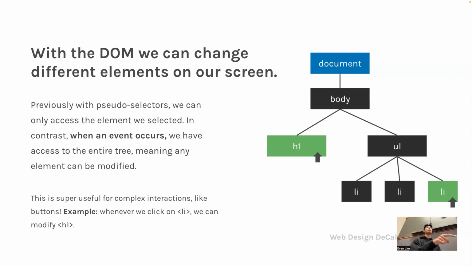Let's say you want to click a button to change something else. You could not do that previously with CSS. But because JavaScript has access to everything within your HTML page, if you interact with one thing over here, if you write in your code that you want maybe something else to change, you can do that. Because you have access to everything, now there's this interconnection between elements that didn't previously exist.